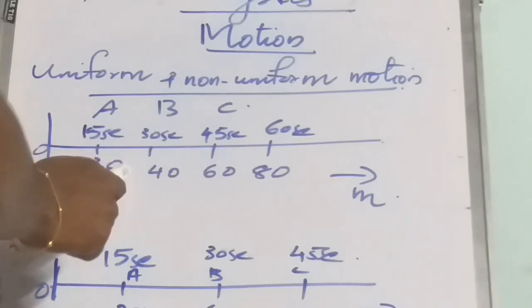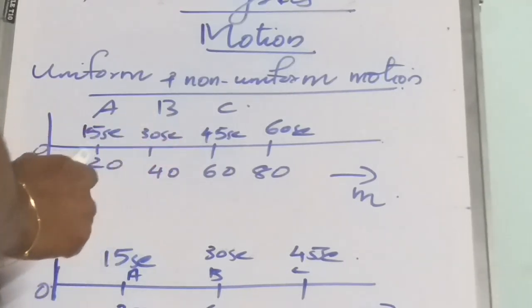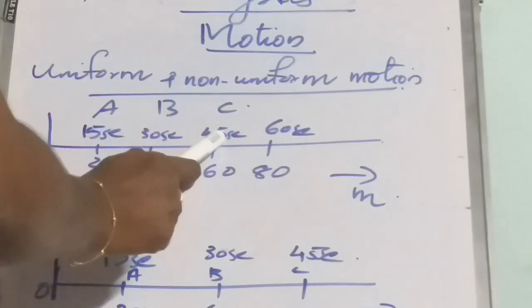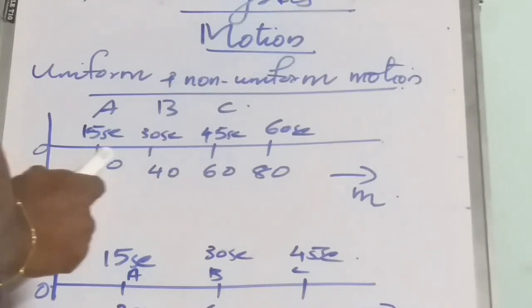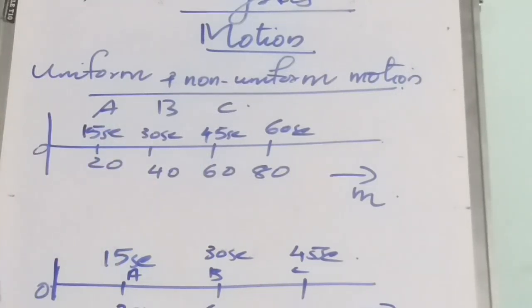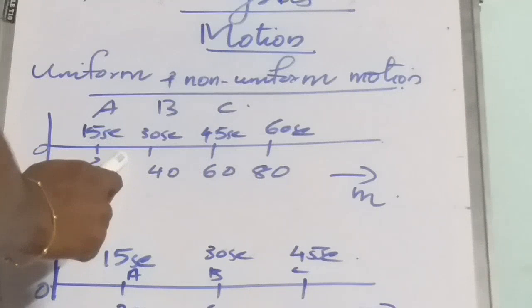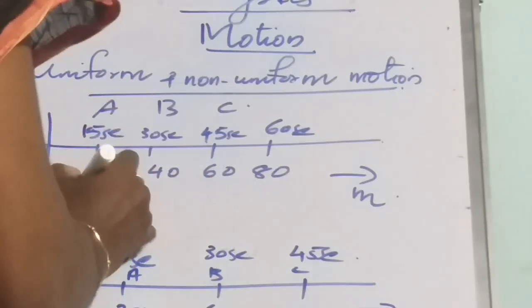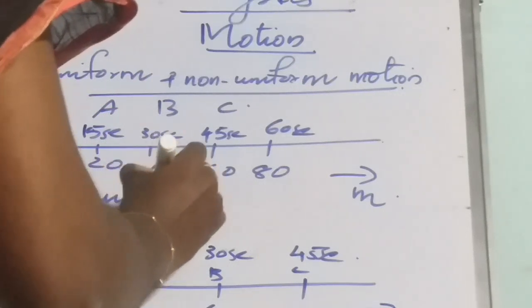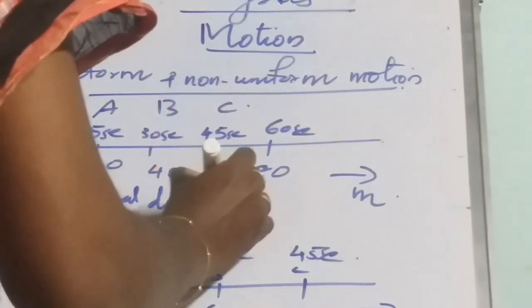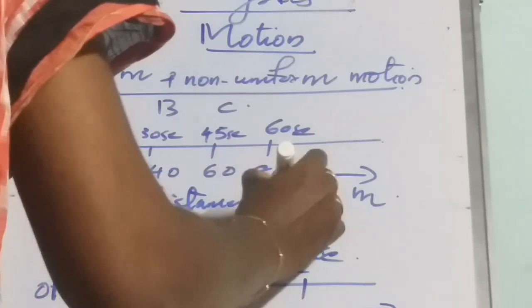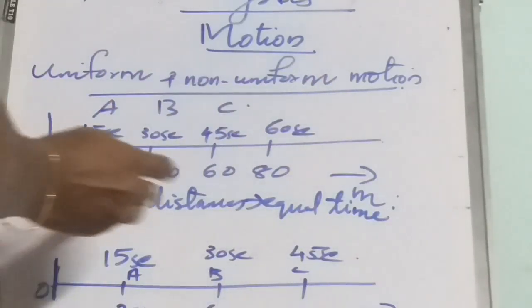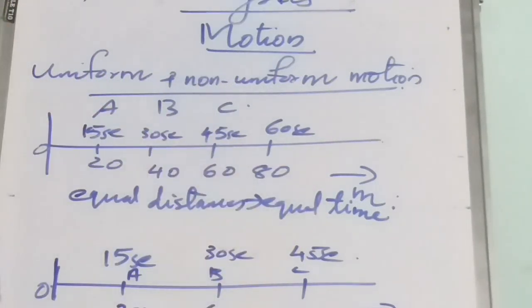Here, for every 15 seconds the car covers a distance of 20 meters. That is, the car covers equal distances in equal intervals of time.